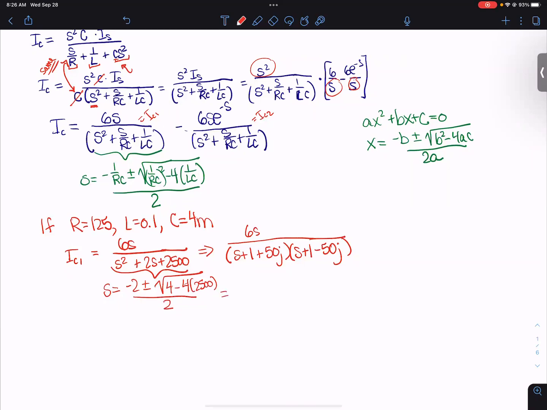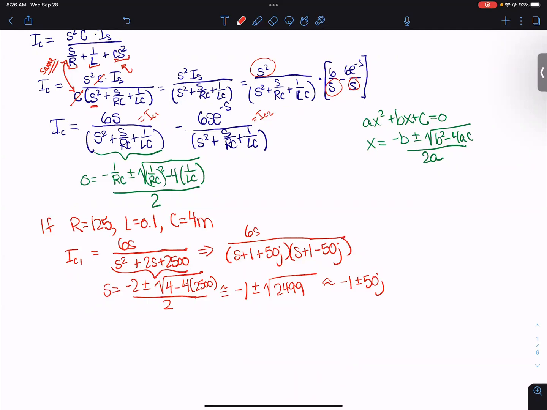So that becomes a -1 plus or minus the square root of approximately 2499. And so that's where the -1 plus and minus the 50J come from.